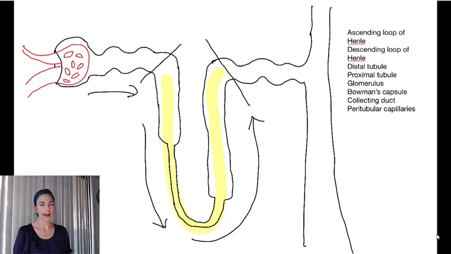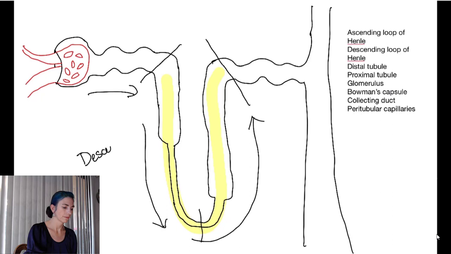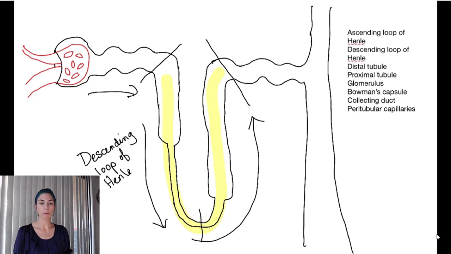So if we know that, then the descending loop of Henle is going to be this region over here. And that means the ascending loop of Henle is the other part.